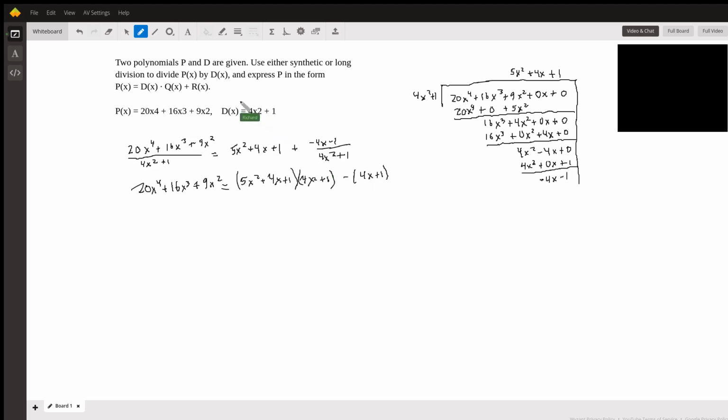So our remainder is negative 4x minus 1. And then the denominator here is d of x.